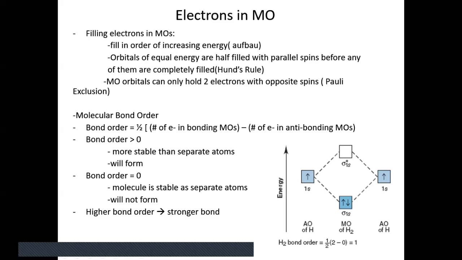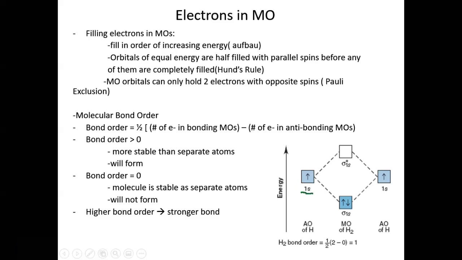So here on the right-hand side, we have the molecular orbitals for H2. Again, each H has a 1s atomic orbital. When we add those two 1s atomic orbitals together, we get a sigma 1s molecular orbital, which is lower in energy.